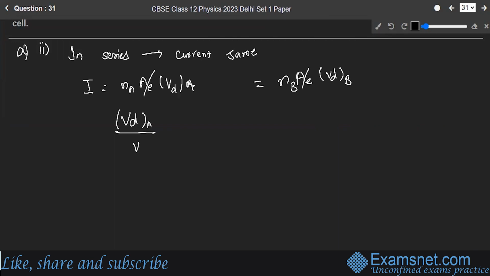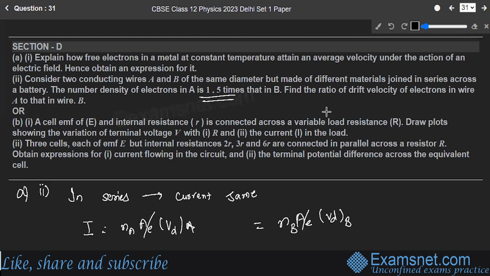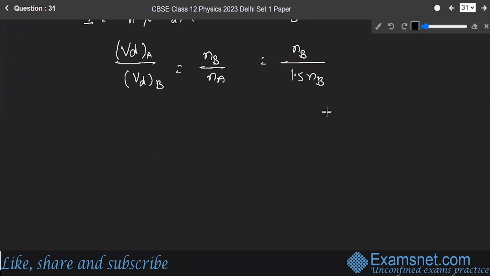So you have vDA upon vDB is equal to nB upon nA. And you are given that nA is equal to 1.5 nB. This is given in the question. Number of electrons in A is equal to this much, so this becomes 1 upon 1.5, or this is 2 by 3.